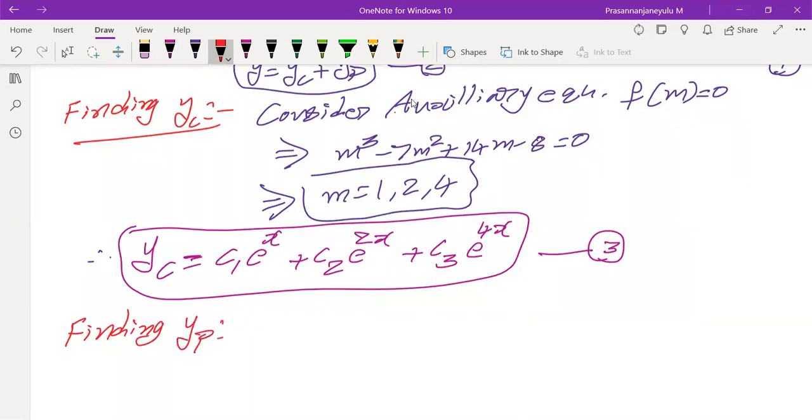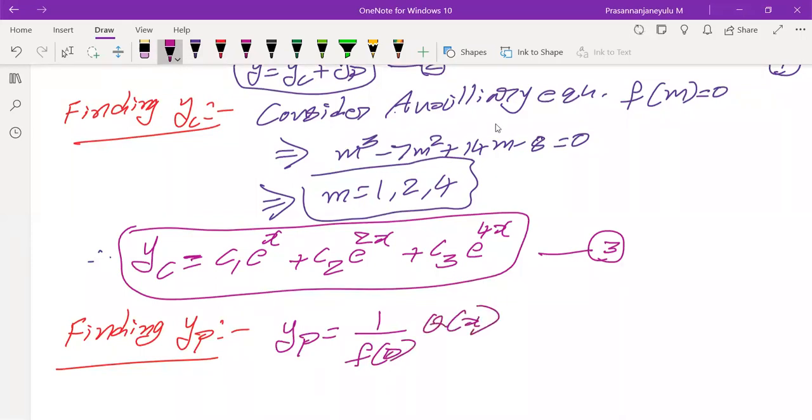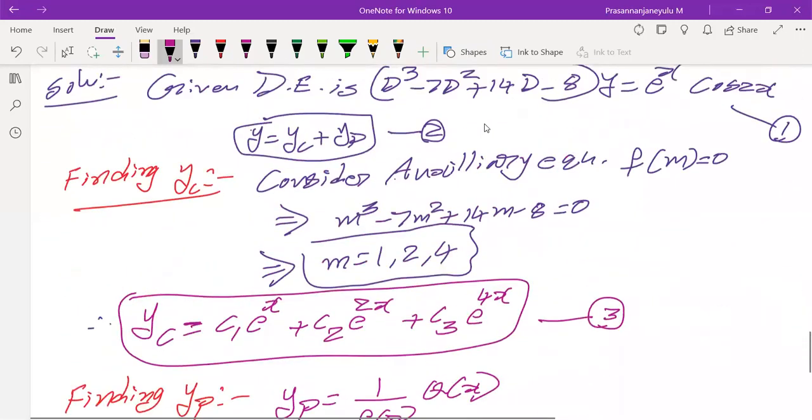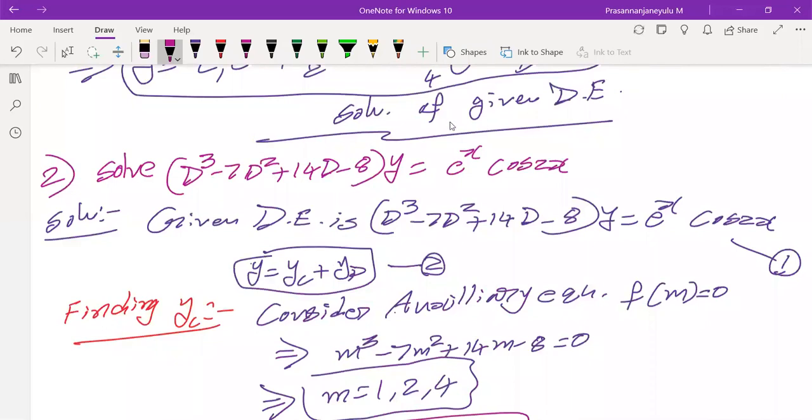Finding yp. While finding yp, what is the basic formula? yp equals 1 by f of D of Q of x. What is the Q of x here? e power x into cos 2x. So we have to take this D function. Let me copy it: D cube minus 7D square plus 14D minus 8.